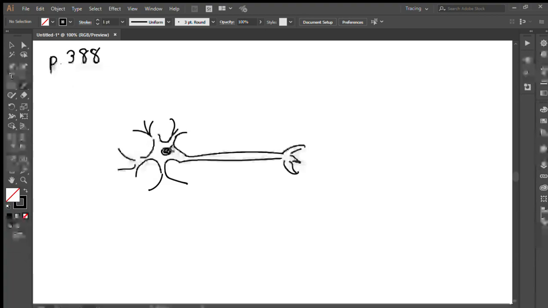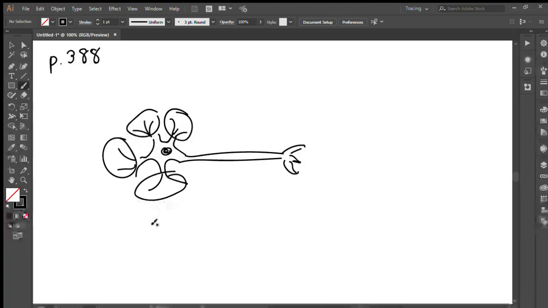Cell body is the main part of the cell. Coming off the cell body are what are called dendrites. The dendrites are these areas here. The dendrites receive information in from other neurons or from sensors in the body.